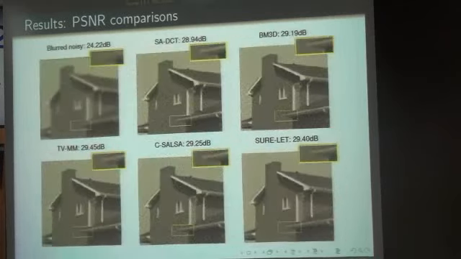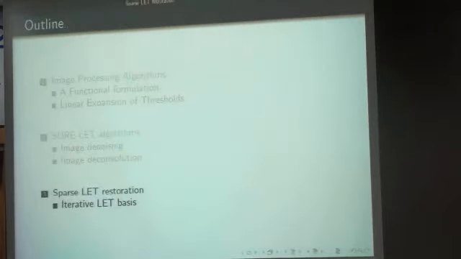And another result, which is more surprising for people who are used to total variation: they would expect that for an image as simple as this, total variation is the best. Actually, it is the best, but not by far, just by 0.05 dBs or something like that. This is the kind of result that we can obtain. All the other algorithms are far away.